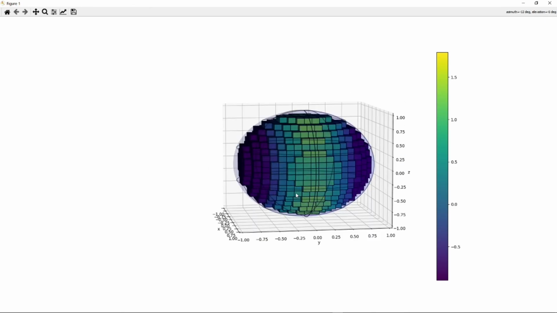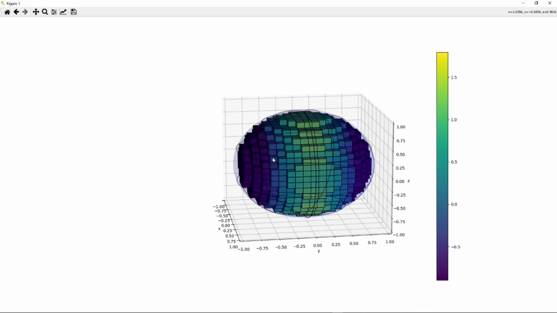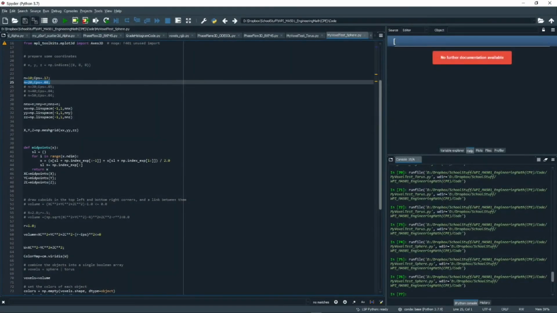I've colored these cubes to indicate that you could have a scalar function of 3 variables. So the function could be changing throughout your region, and the triple integral of that function is just the accumulation of that function inside the region, like from a normal multivariable calculus course.